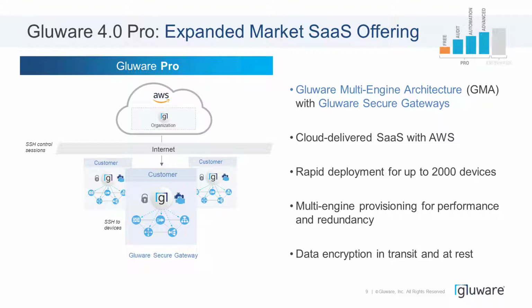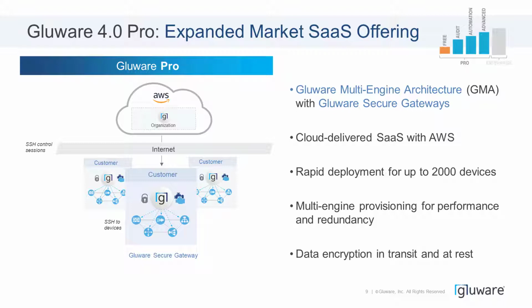It essentially connects up and associates with your AWS instance and automatically allocates and assigns itself into that instance, and you're up and running. So there's very little setup that you have to do. You essentially just associate your Gluware Secure Gateway up into your AWS instance, and then you log in to your Gluware control up in the AWS cloud, and you're off and running.